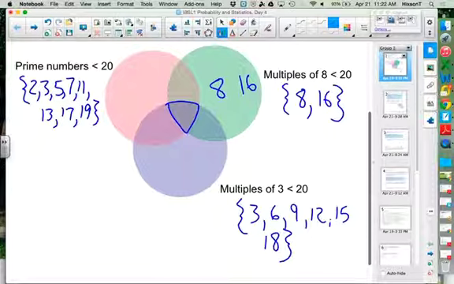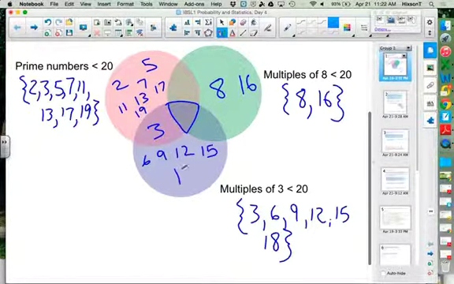At 3. Okay? So here we have 2, 5, 7, 11, 13, 17, and 19. And then we have 3 right there. Here we have the 3, 6, 9, 12, 15, and 18.